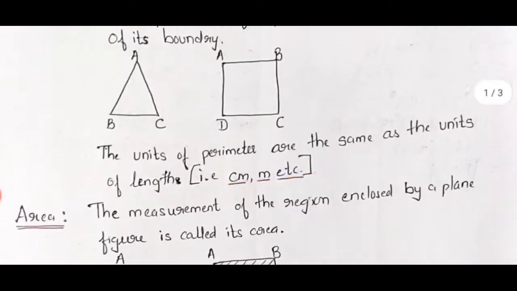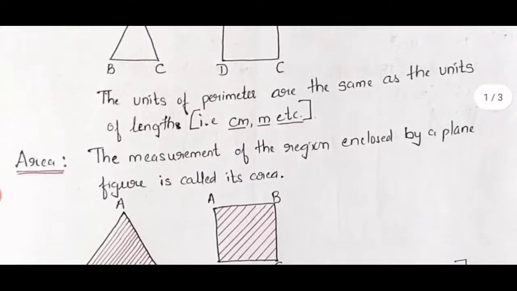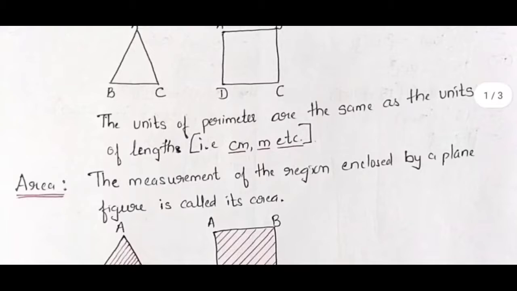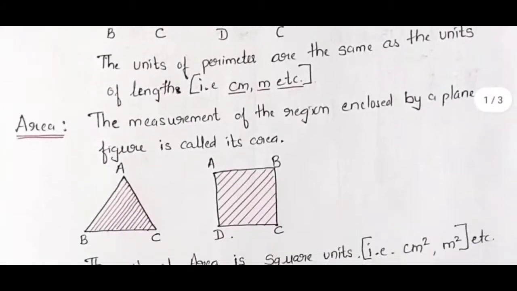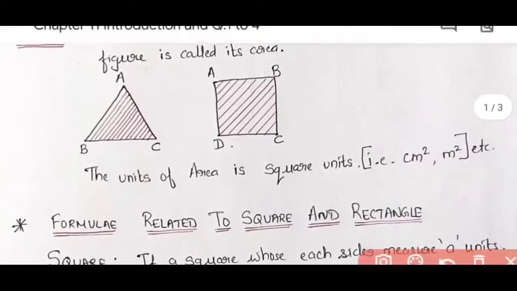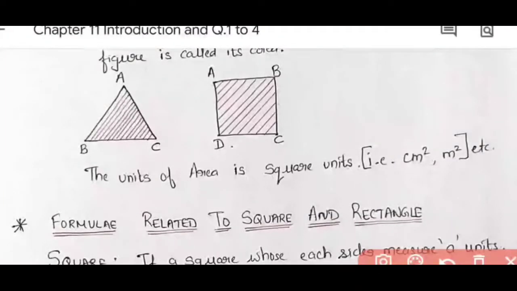Now moving to next topic, that is area. Now what is area? If I take the same two figures, triangle and square, the region which is included inside the boundary of this plane figure is known as area.